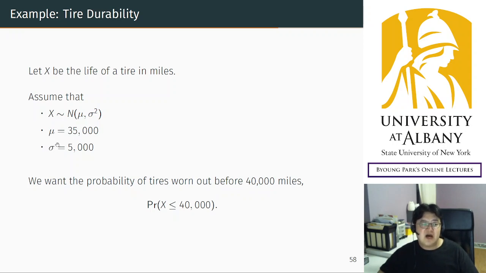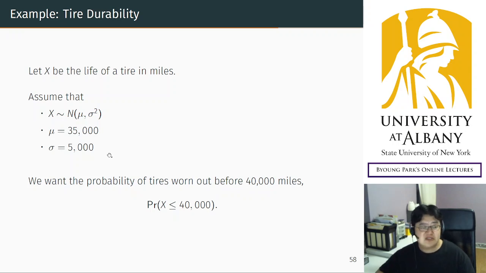I use sigma because if you take sigma squared, then there will be 3 more zeros, so the number will be much longer. To keep the same unit, miles, I will use sigma instead of the variance. So anyhow, then it's simple. The mean is 35,000 miles and the standard deviation is 5,000 miles.